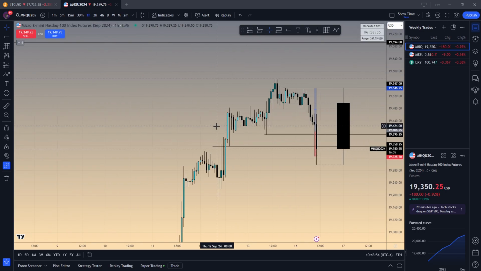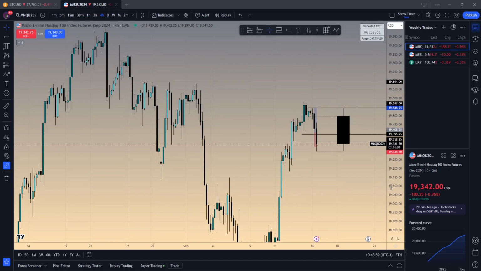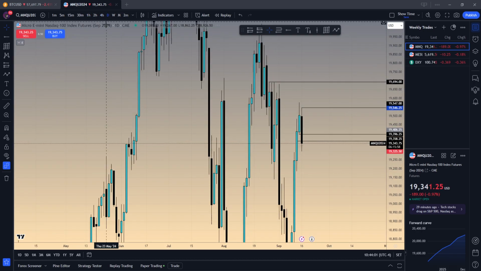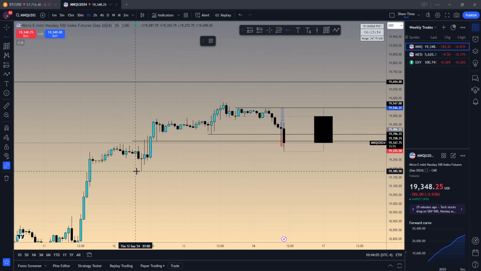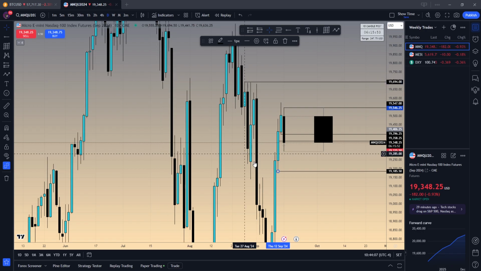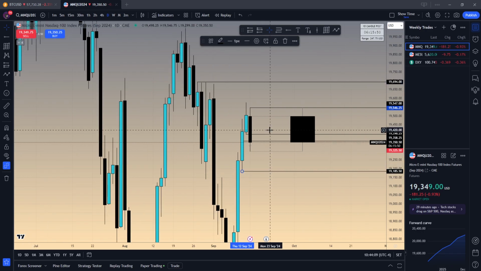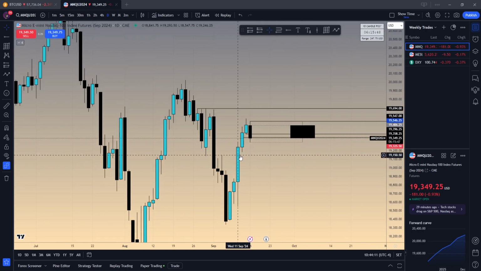So I just don't see a world where that's necessary for us to come for. I really don't. Let me see. That low is, where does that show up on the daily? It's that, okay, so that low is, we would be entering into this daily fair value gap. I don't see a world where that's necessary. I really don't.